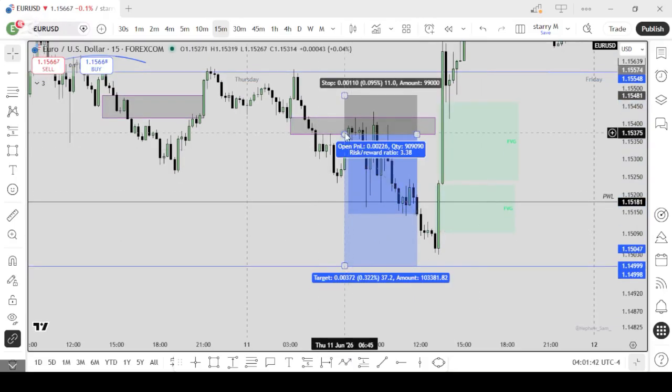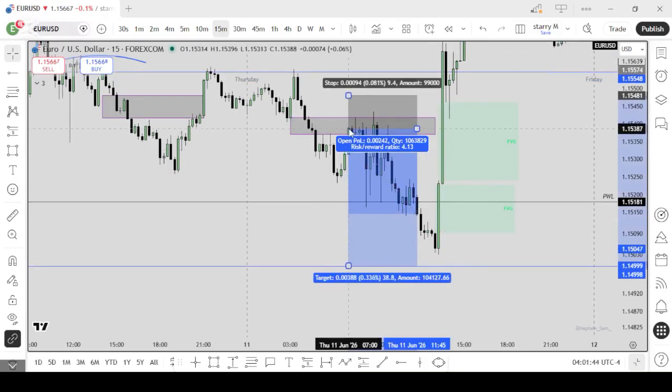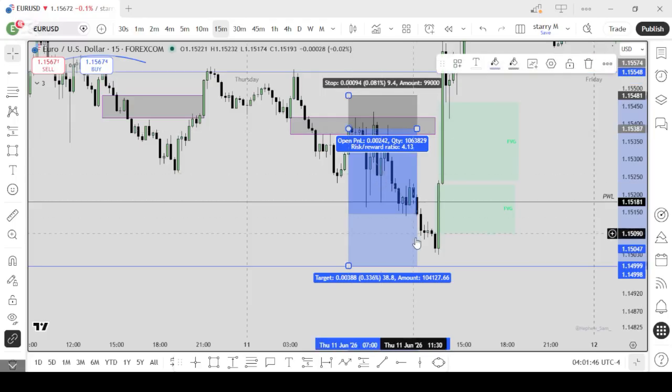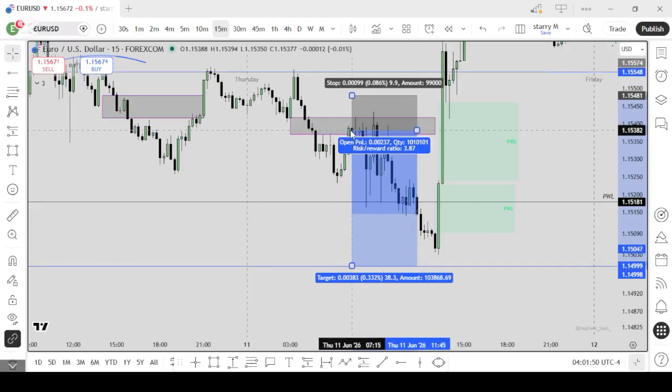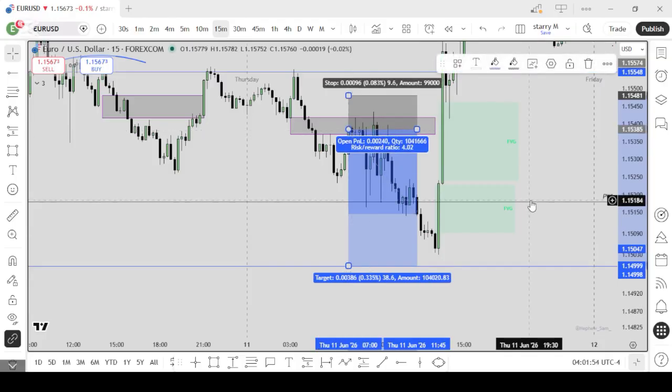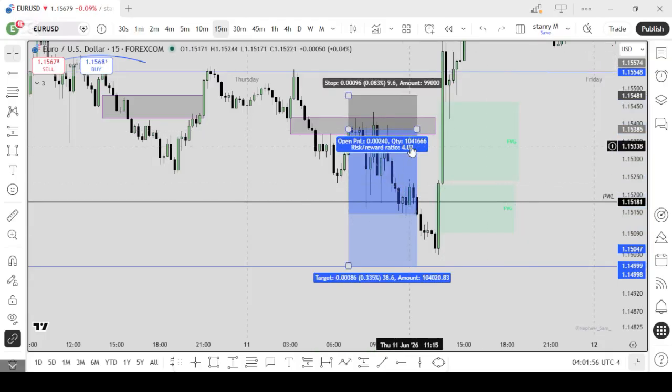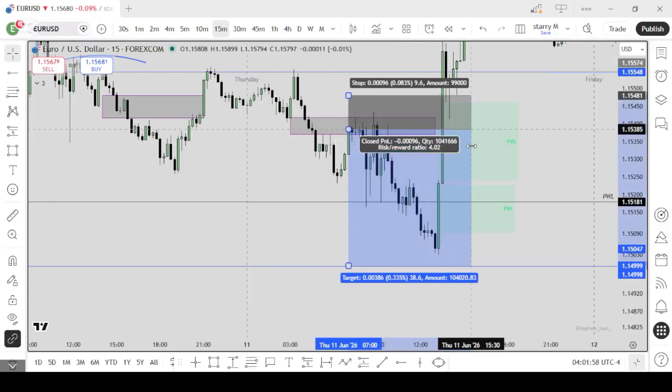I think I entered off somewhere here, because it was giving me a 1:4 from the sell side liquidity. So I entered somewhere here. Yes, somewhere there. And then I left my trade.